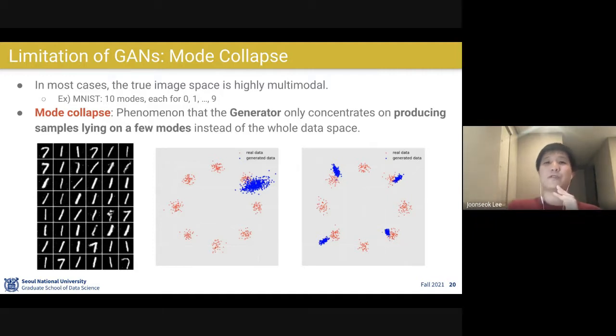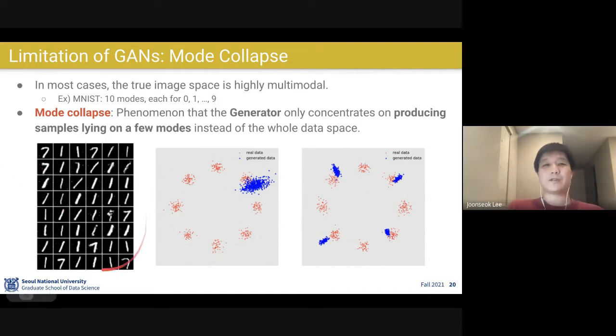So from this generator side, it can actually cheat. So for example, it is given all the 10 digits in the data set, but it just thinks, okay, 1 is the easiest one, and 7 is the next easiest one. So it just forgets about the others, and it just draws 1 always. And then the teacher says, okay, that's a digit, that's a digit. So it will get some credits from that.